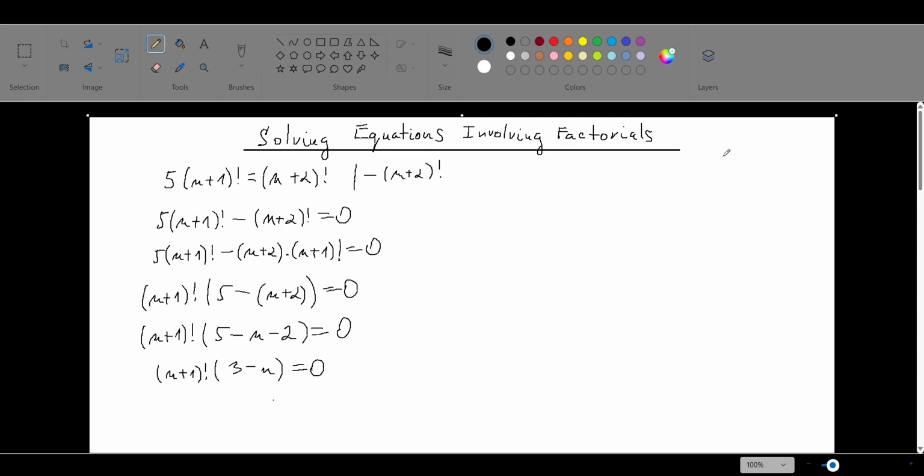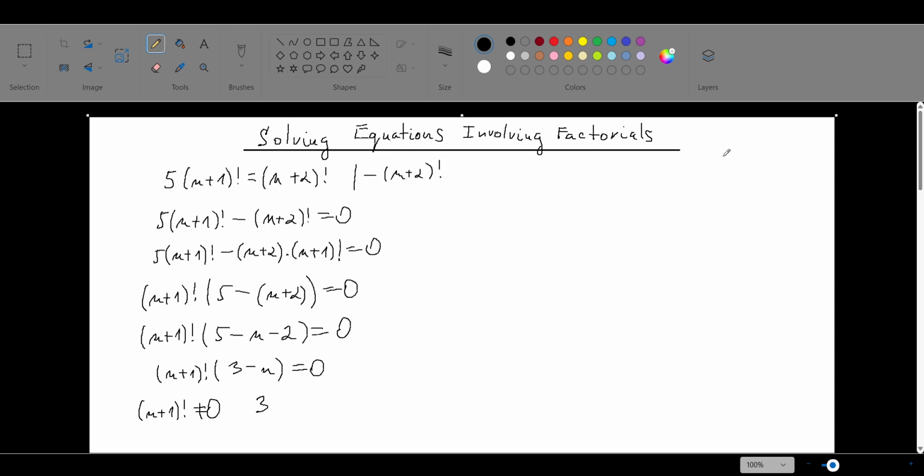And in this case we are done because now we have two factors and they are supposed to be equal to 0, which means that the first factor should be equal to 0 or the second factor should be equal to 0. But as we already know, (n+1)! is never going to be equal to 0 because factorial can never get value 0 for any natural number including 0, as this is from the definition of the factorial.